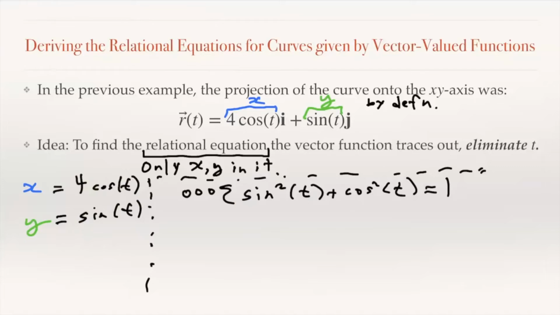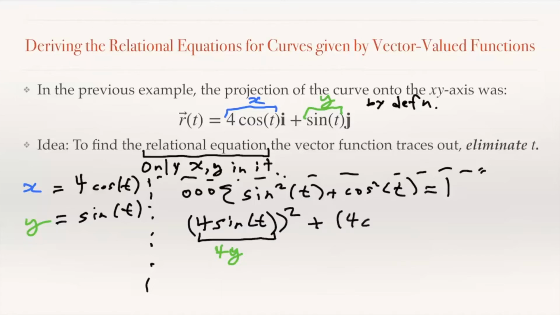So let's consider not sine t, but 4 sine t. And 4 sine t, this is 4y, multiplying both sides of that by 4. And we want to square that and add it to our 4 cosine t. And that 4 cosine t is x.